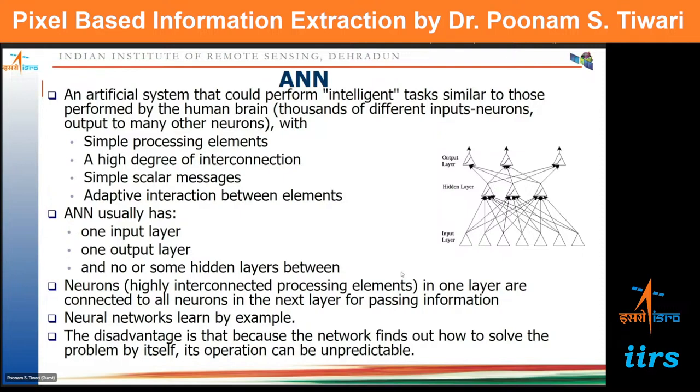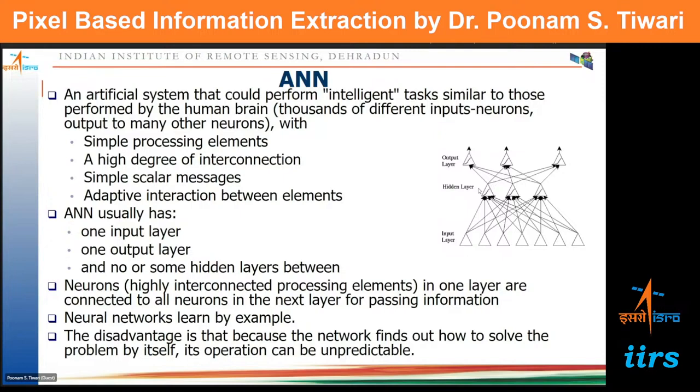Generally in our neural network, we have an input layer, an output layer, and in between we have two or three or more layers, which we call hidden layers. There can be no hidden layers or some hidden layers in between.